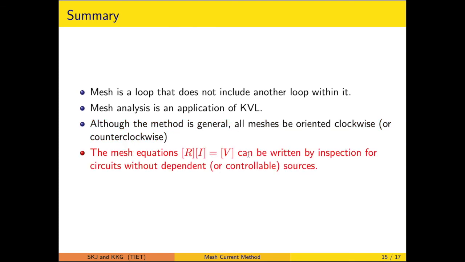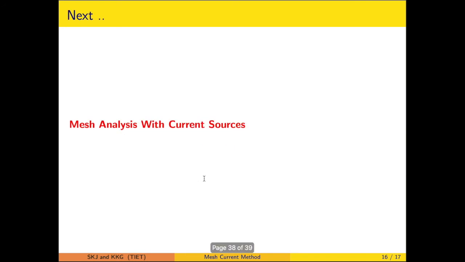The mesh equations can be written by inspection only for a circuit having no dependent source. One more point: these mesh currents are not the actual currents carried by the elements. However, the beauty is that the element currents can be calculated from the mesh currents.